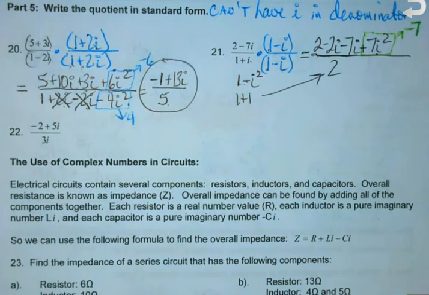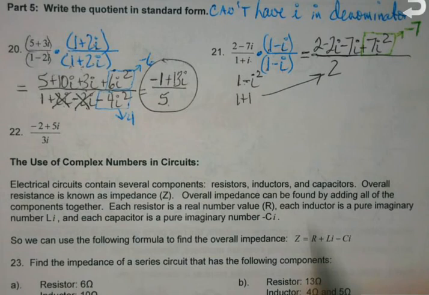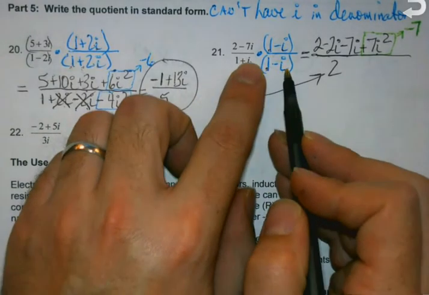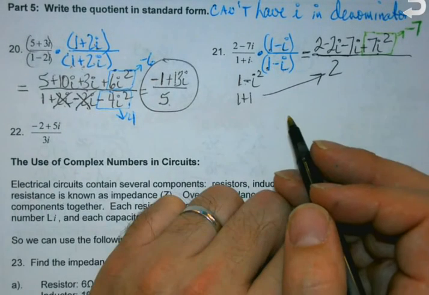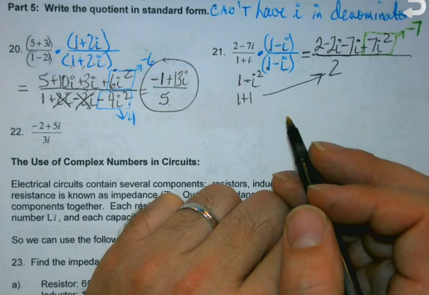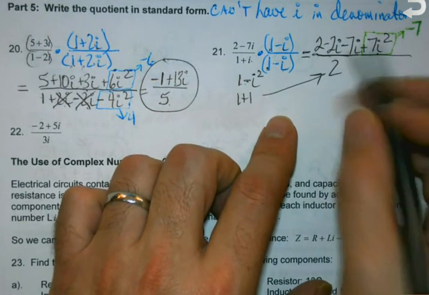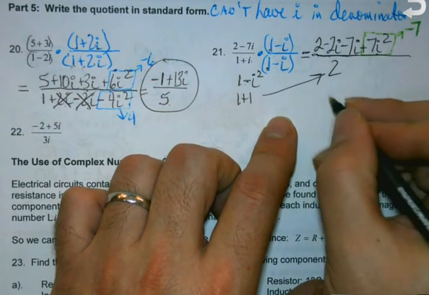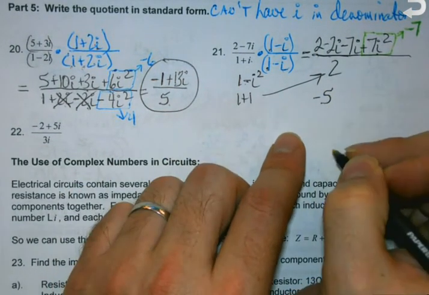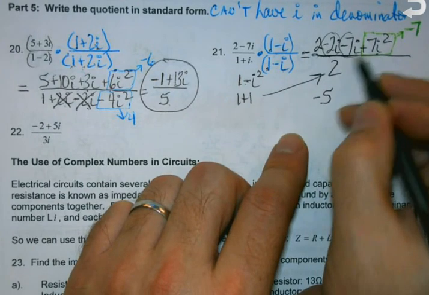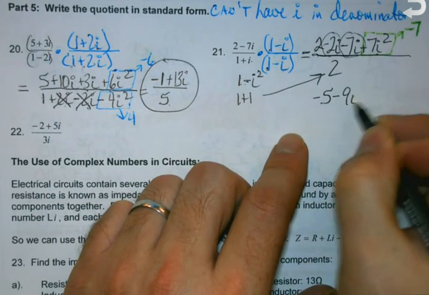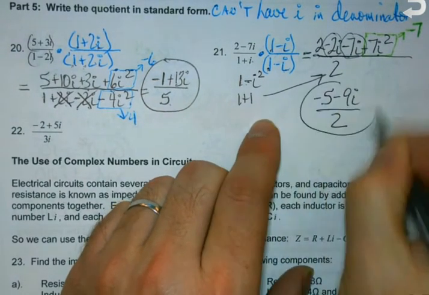So it does turn into being 2 down there. So that's a way you can shortcut it. You really only have to do the F and the L of FOIL down in the denominator because the OI in the middle cancels. So here, 2 minus 7 is negative 5. Negative 2 and negative 7 is negative 9i over 2.